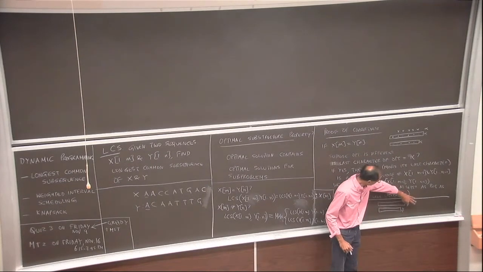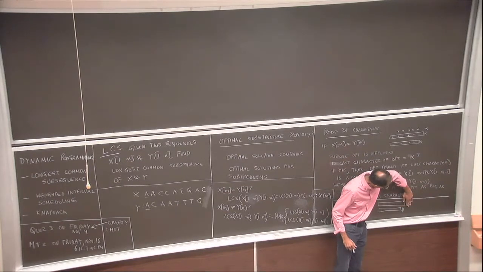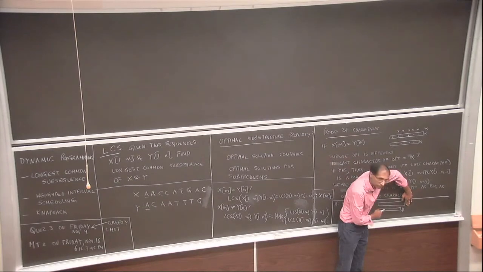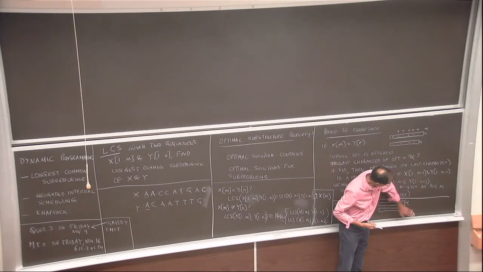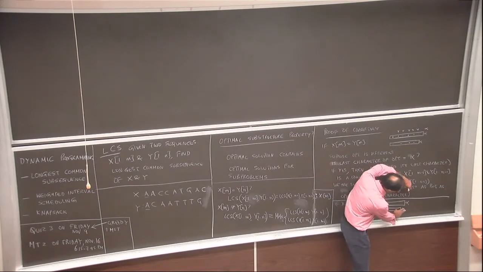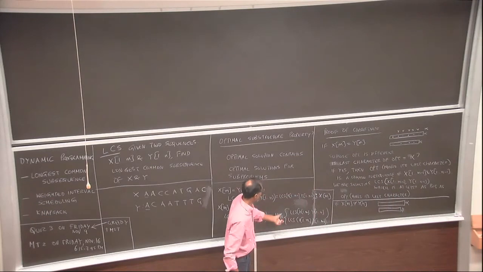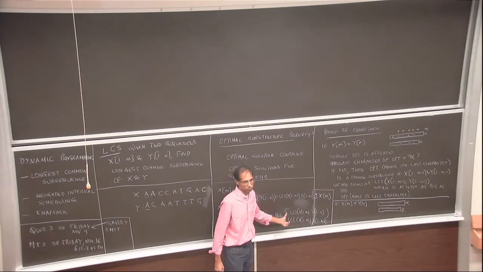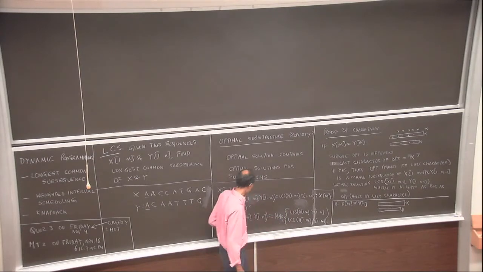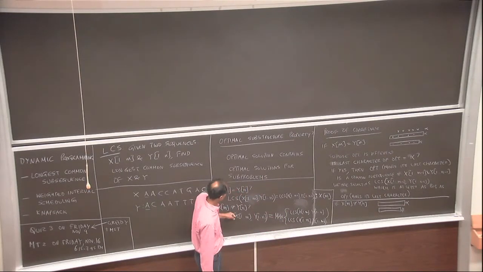If it does not include alpha, then whatever you pick has to be a longest common subsequence of this and this. Right? If it does not include beta, whatever you pick has to be a longest common subsequence of this and this. And in our solution, we are taking the max of that. And so this indeed would be the longest common subsequence of X 1 through m.